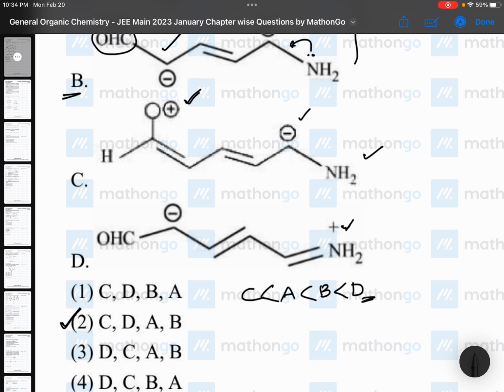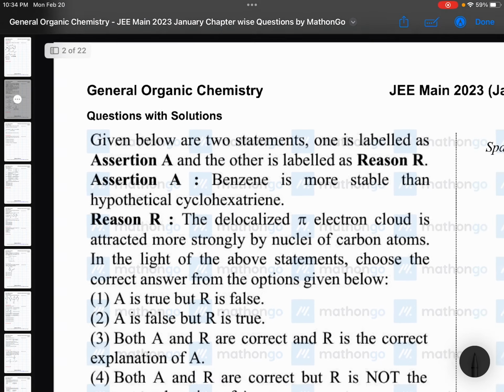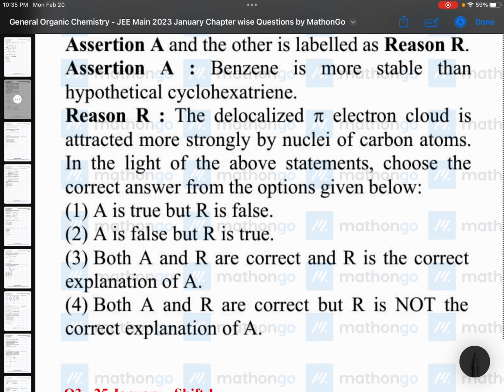Let us see. Okay. Given below are two statements. Benzene is more stable than hypothetical cyclohexatriene. Obviously, the delocalized pi electron cloud is attracted more strongly by nuclei of carbon atoms. There is not at all any reason relation.